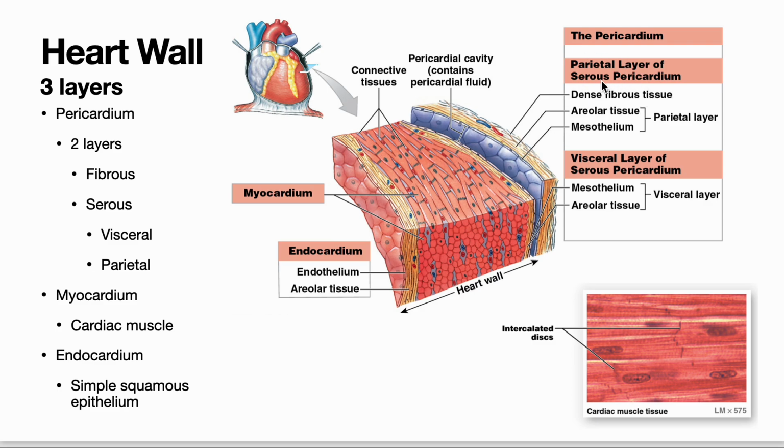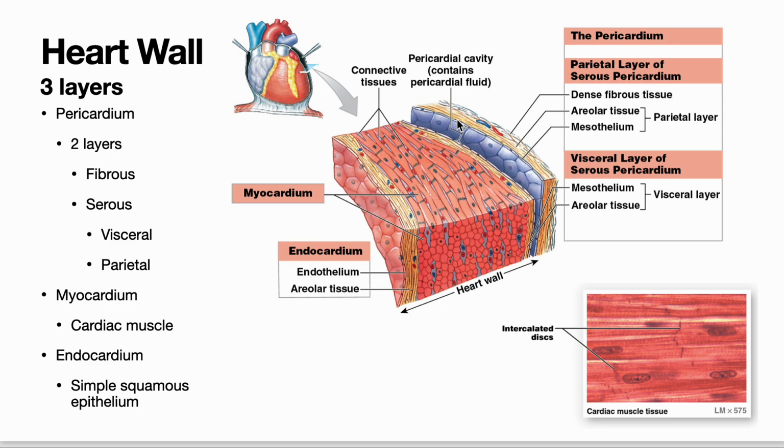So you can see the parietal layer is going to have a layer of epithelial tissue supported by some loose areolar connective tissue. And on the very outside, there'll actually be some dense fibrous tissue, to give the whole thing a little strength. And then on the visceral layer, again, we're going to have a simple squamous epithelium supported by an areolar connective tissue underneath. So nothing surprising there, things that you've heard and learned before.